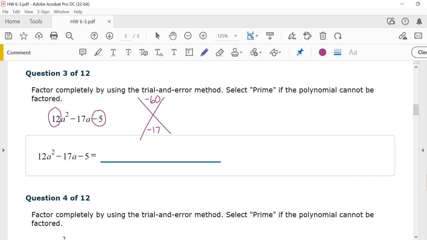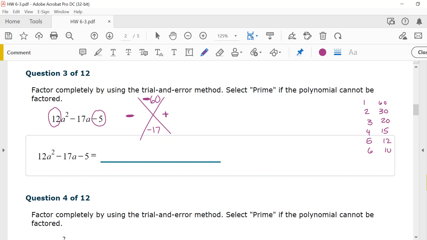Okay, we want to go find factors of 60. Now, what we just did on questions 1 and 2, this is a negative, so one of our factors is going to be negative and the other is going to be positive. Factors of 60: 1 and 60, 2 and 30, 3 and 20, 4 and 15, 5 and 12, 6 and 10, and that's it.